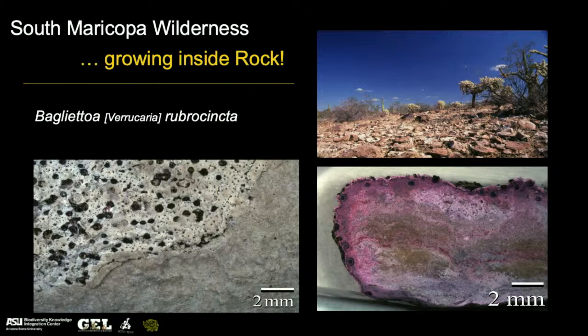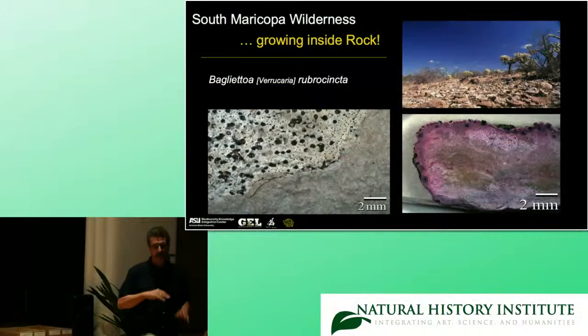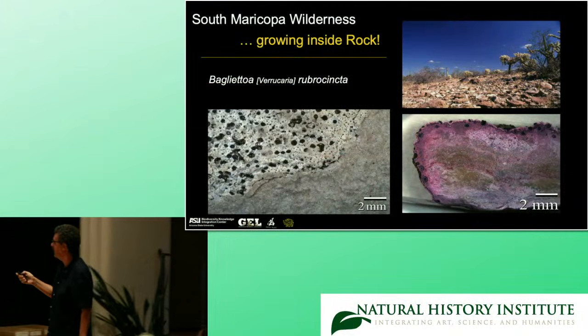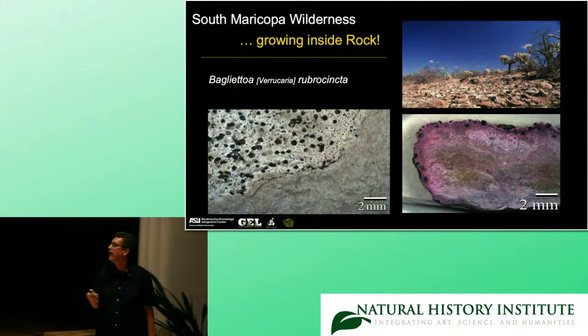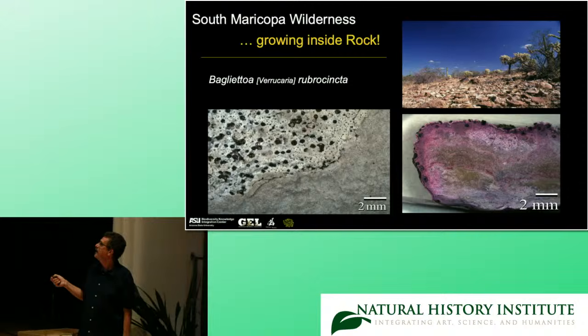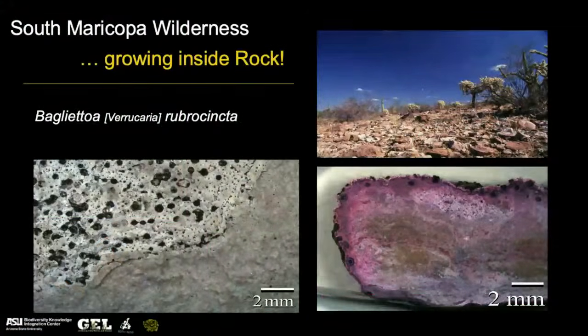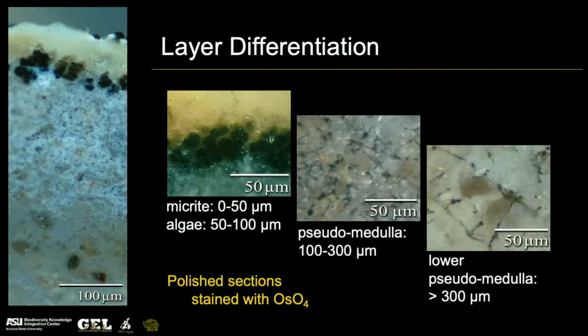If you cut this open and section it, then stain it with a special dye, making sure you preserve the organic matter in it, it's a bit complicated, I can talk about it in more detail later if you like, then you can see that this lichen has grown through the entire rock. And this is how it looks with some other techniques.